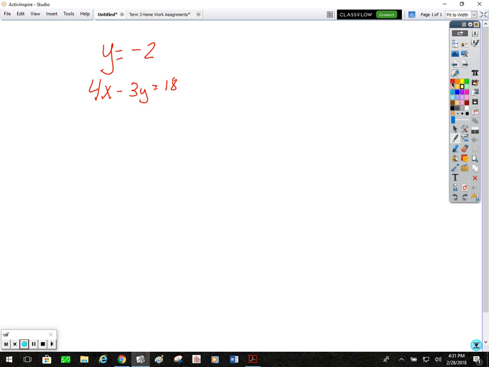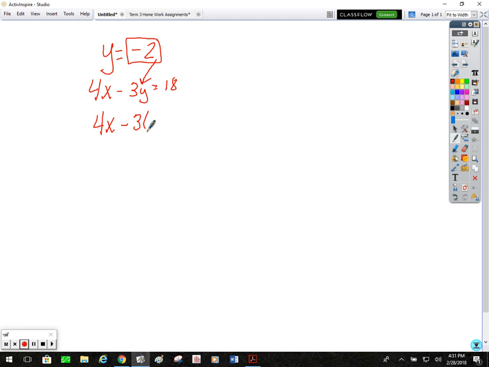So I want to look at the other one. The other one is telling me the value of y is -2. That means in the other equation, wherever there's a y, I can plug in -2, and that should let me solve for x. If I'm plugging in for y, I'm really solving for x. So we're going to take the -2 and plug it in right here for this y.